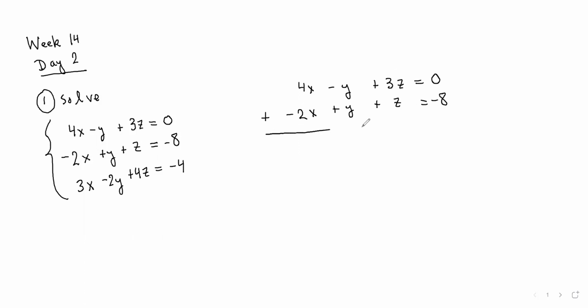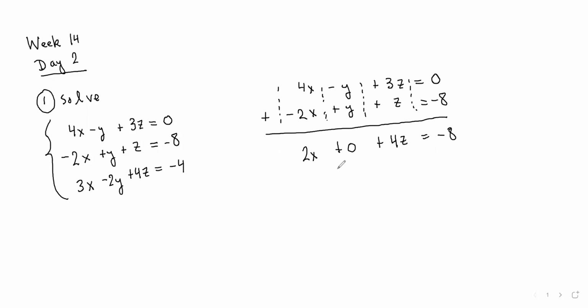To add equations, you just add the like terms. I like to think of it as adding the columns. So we have 4x minus 2x is 2x. Minus y plus y is 0, so plus 0. 3z plus z is 4z. And then equals 0 minus 8, which is negative 8.